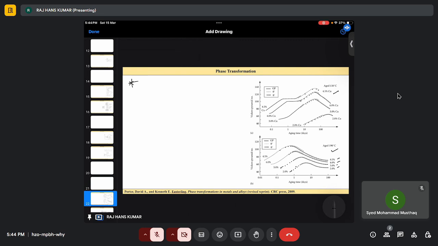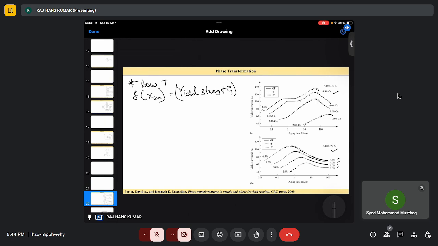Let's talk about low temperature first. At low temperature, if the composition of copper is changed, the yield strength will change.